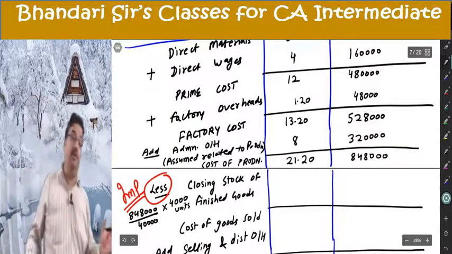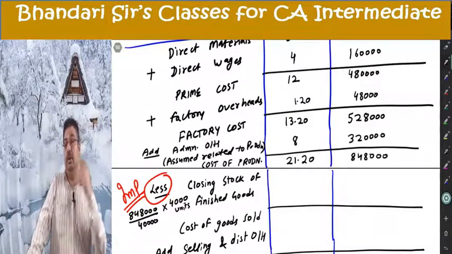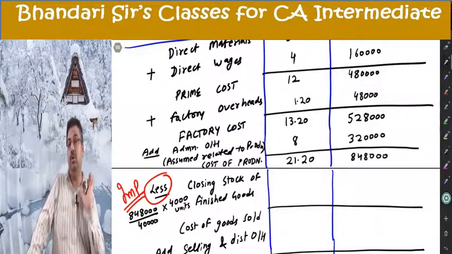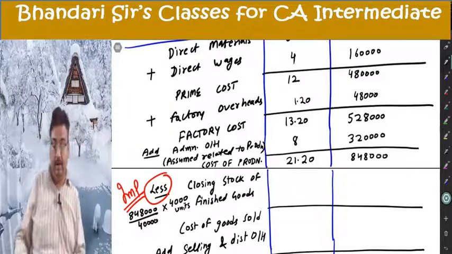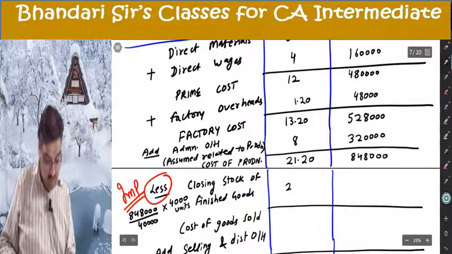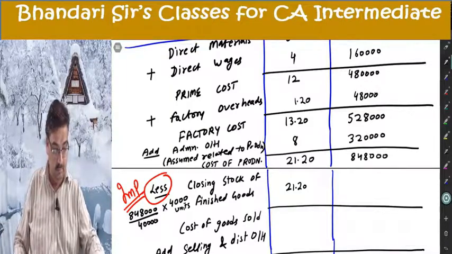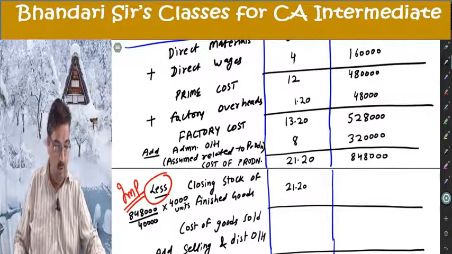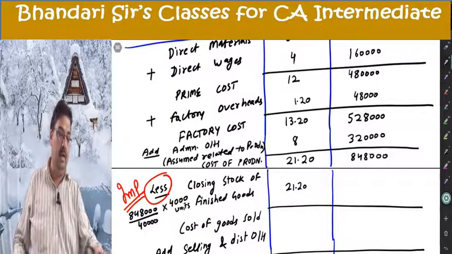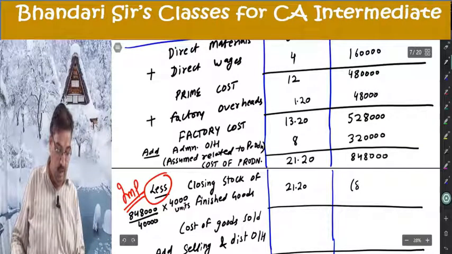From where did I get 4,000? 40,000 produced, 36,000 sold, difference is 4,000. So this is valued on the basis of 21.20. 21.20 multiplied by 4,000. Or simply I can say it is 10% of 8,48,000, 84,800.